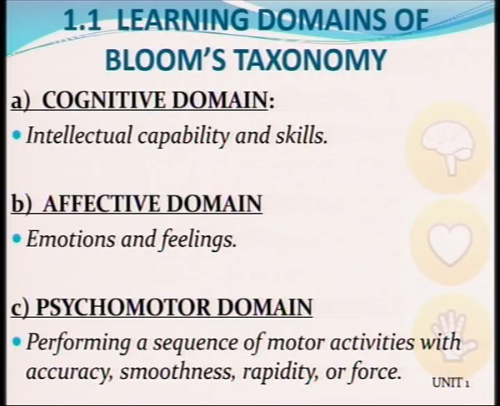This domain describes the increasing difficulty in thinking skills of the learner that is expected as the knowledge and content becomes more difficult for them. There are 6 categories in this domain: knowledge, comprehension, application, analysis, synthesis, and evaluation. The cognitive domain is also the primary learning domain.